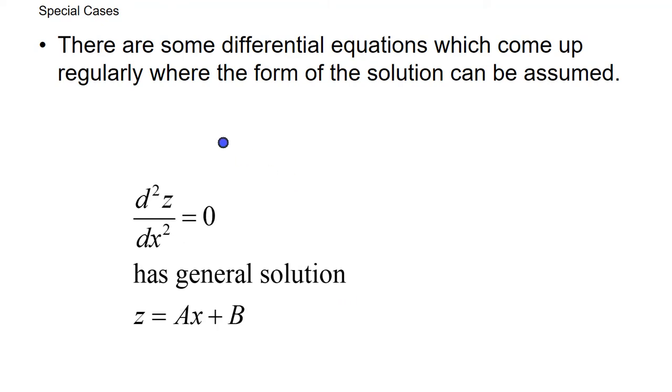And the third case, simply when the second derivative is 0. We can integrate twice and get that z is equal to one constant times x plus another constant. Those are forms that come up regularly, and it's essential to be able to process them quickly.